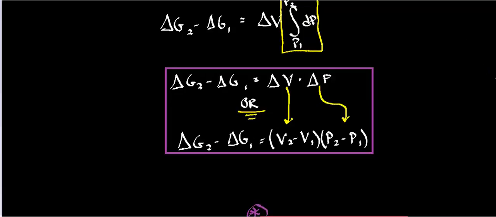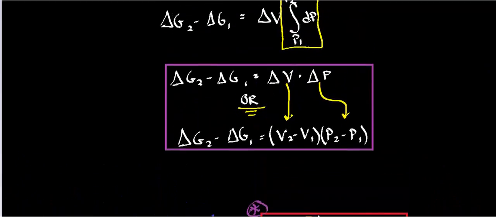In other words, if you actually wanted to evaluate this for delta G2, remember that if you're doing this for a liquid or gas, or any of them really, but particularly for liquids and solids, volume 2 is known, volume 1 is known, pressure 1 is known, and if you want to get it at another pressure, then you just specify the pressure, so that's technically known. You should know delta G1, so all you have to do is find delta G2. That's your only unknown in the end.